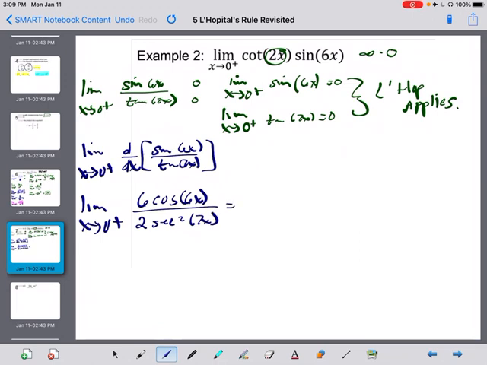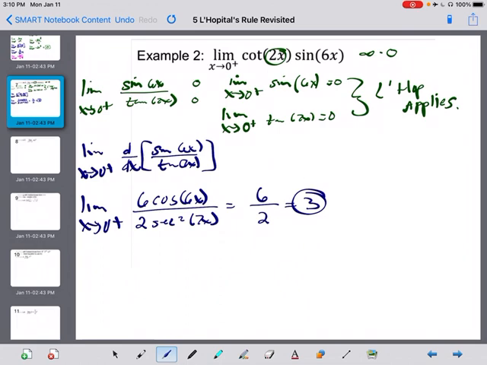And then here, plug in your 0, should get 6 over, plug in here, secant of 0 is 1, 1 squared is 1, and then times 2 is 2. Final answer is just 3. Got to know your unit circle for that one.